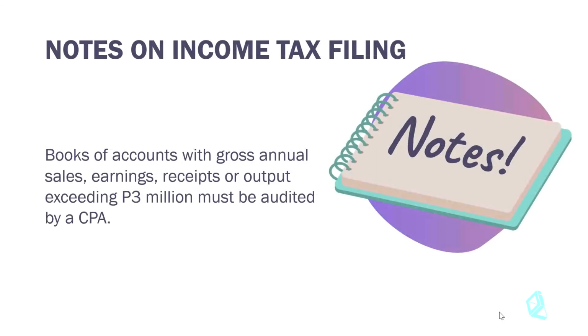So this also is a benefit for us, because when your gross sales or revenue does not exceed 3 million pesos during the taxable year, then there's no need for your books to be audited by a certified public accountant.